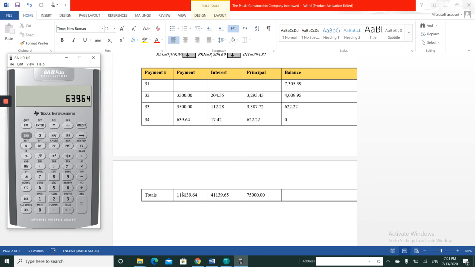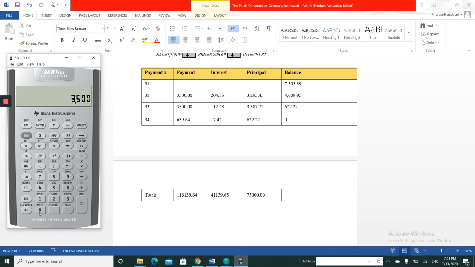To find totals, I need the amount of each payment. For payment number 1 until payment number 33, the amount of each payment is $3,500.